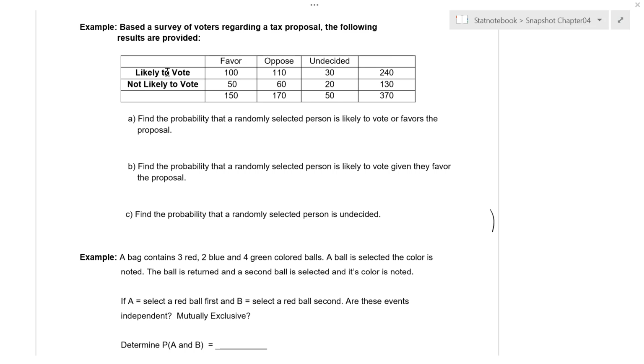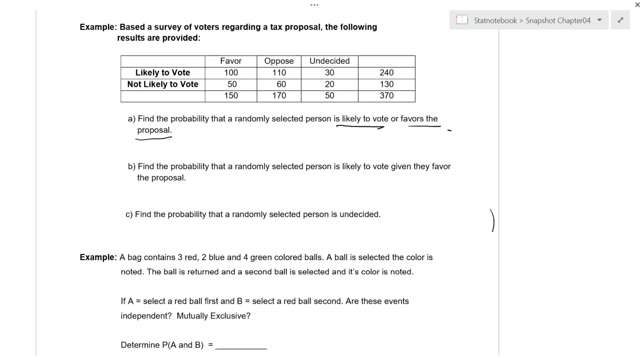I want the probability that when I choose a person from this group, it is likely they vote in favor. Oh no, likely to vote, I'm sorry, I gotta get my pen working. Likely to vote or they favor the proposal.